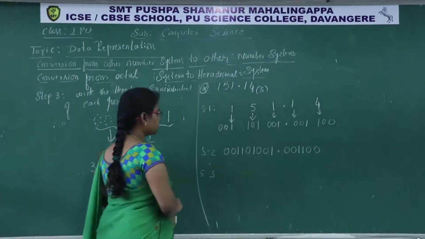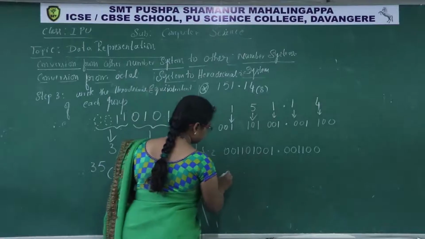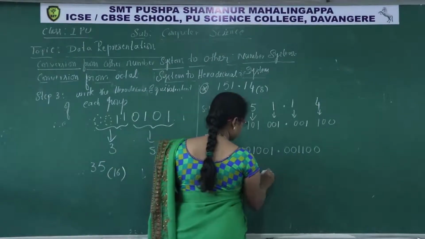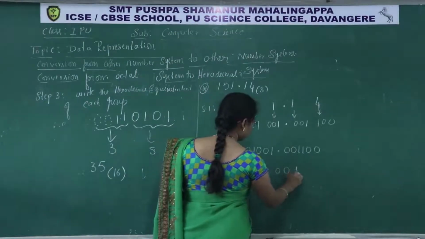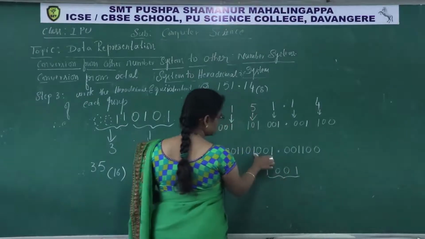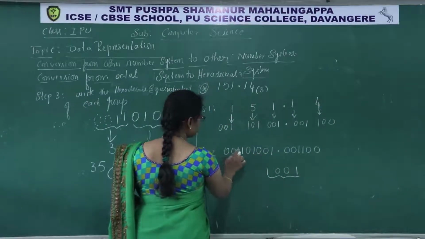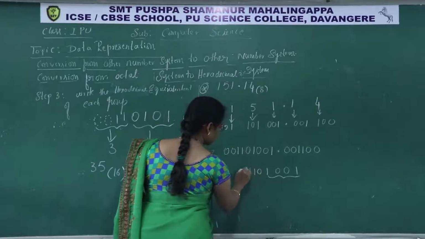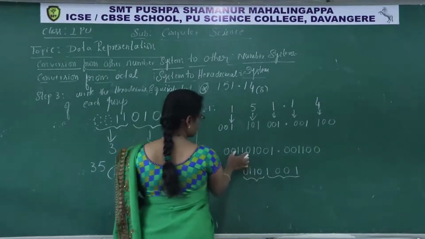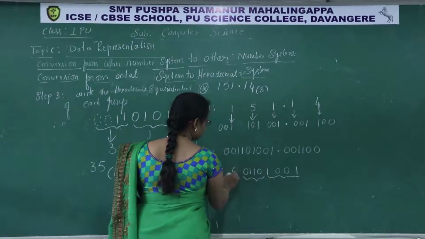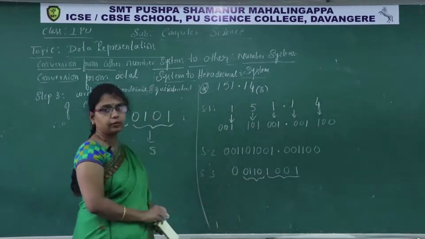Now in the next step, step 3, we have to make a group of 4 bits. How? 1001, this is 0110. See, and 0 is left here, only 1 bit.